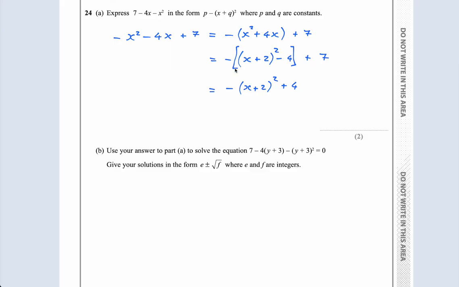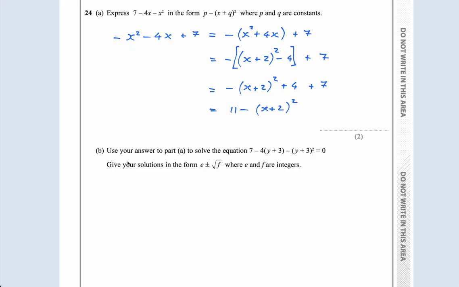So minus this, minus times minus gives me plus, and then the plus 7 is just there on its own, waiting to be added, which we'll do now. So 4 plus 7 is 11, so I'll put the 11 first, because that's how they have it here. 11 minus x plus 2 squared, and that's it done. So the minus, guys, yeah, always causes problems.